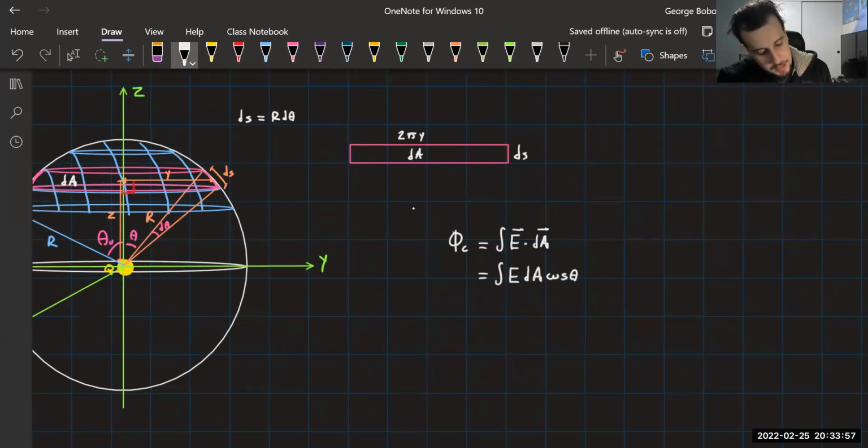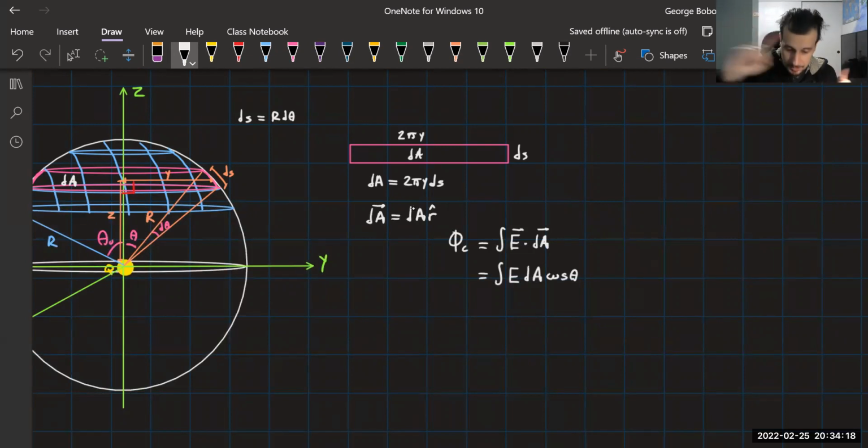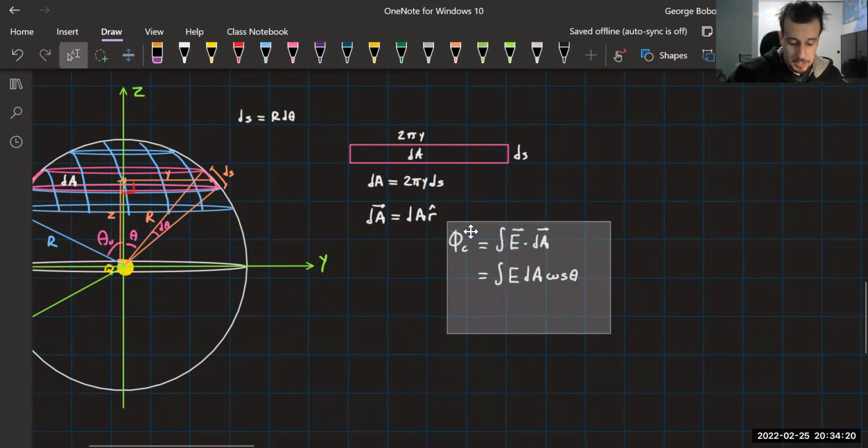And I'm looking for dA. Obviously, it's the product of the two, 2 pi y ds. We'll get to the ds in a second. But again, the direction of the dA is in the r hat direction. Keep that in mind. This is very important.